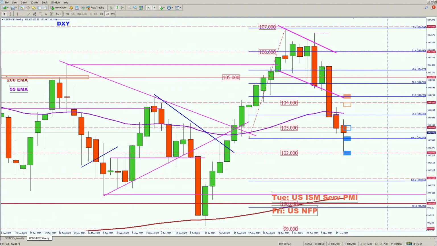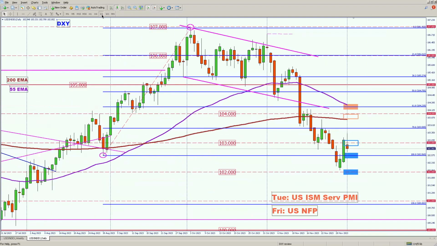So there could be some follow through on the bullish momentum to climb back up, but it's going to just attempt to retest the weekly 55 EMA where the 78.6 fib is. So let's move the interim support to the swing low at the 100 pip.